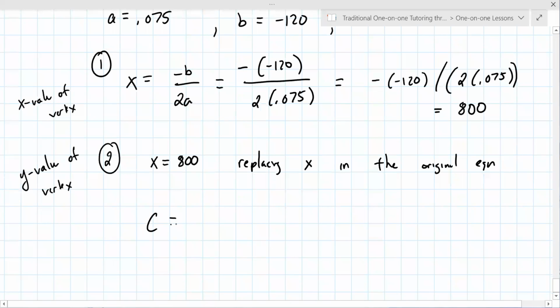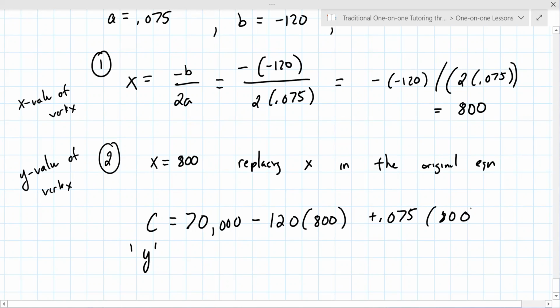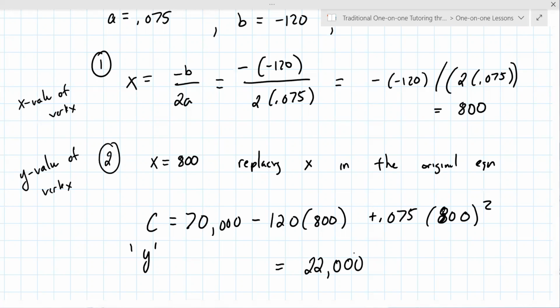So that's the C equals, and I know it's a C instead of Y, you can think of it as Y. 70,000 minus 120 times 800 plus 0.075 times 800 squared. I got 22,000. Perfect.